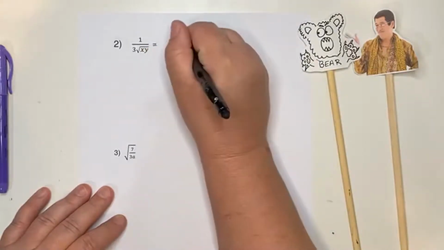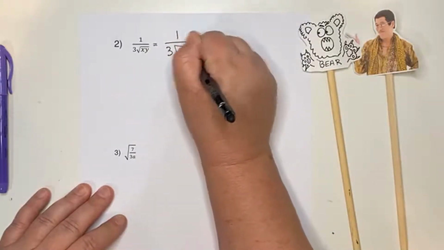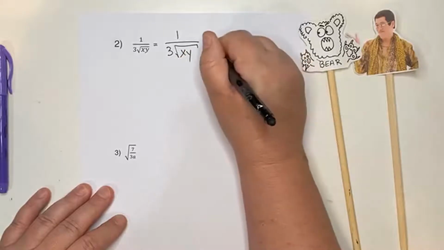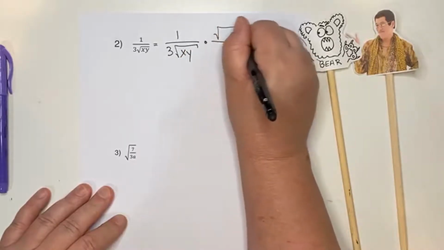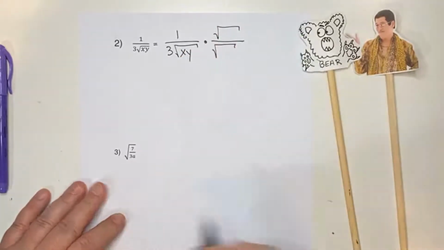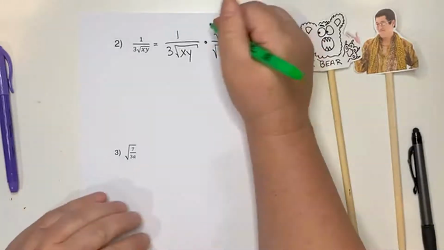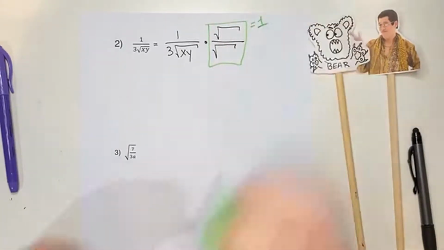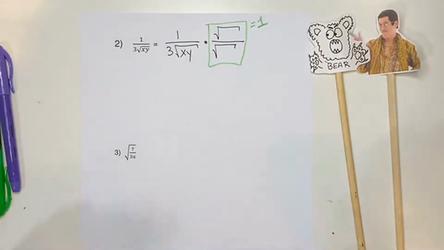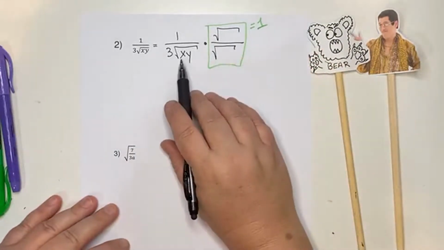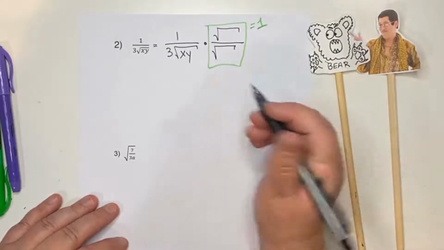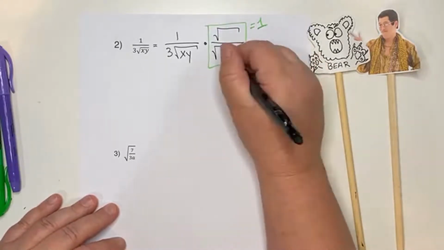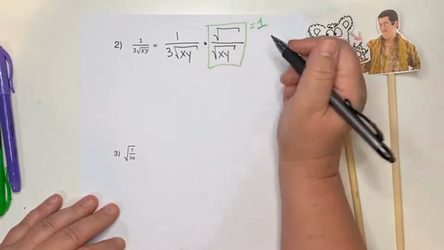So I'm going to write this slightly bigger and think to myself, if I could multiply times a square root over a square root, remembering that this factor has to equal 1, what could I multiply by to get both the x and the y out? If I've got an x and a y, I just multiply by another x and a y.